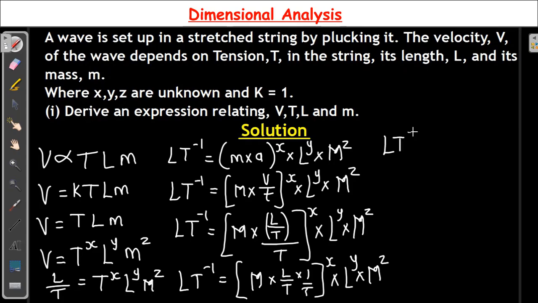L T to the power of minus 1 is equal to, open bracket, mass times L times 1 is L, T times T is T squared.